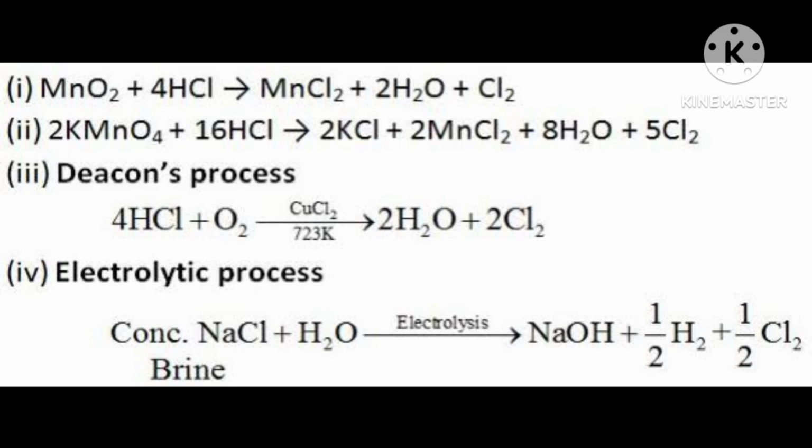Now the next reaction, with ammonia, in two conditions. With excess ammonia, chlorine gives nitrogen and ammonium chloride: 8NH3 plus 3Cl2 gives 6NH4Cl plus N2.